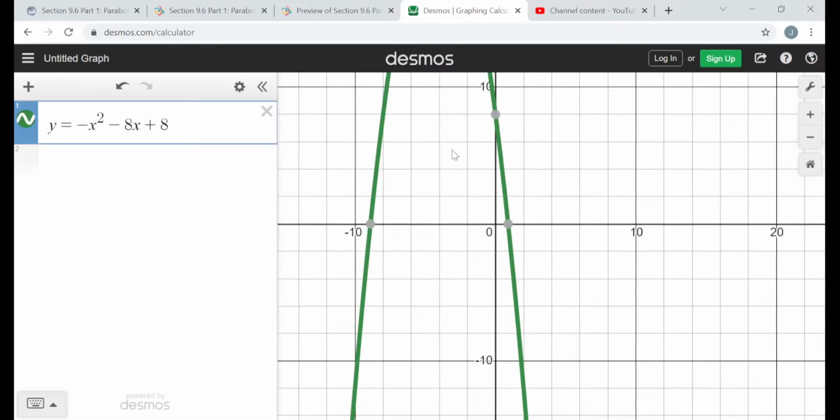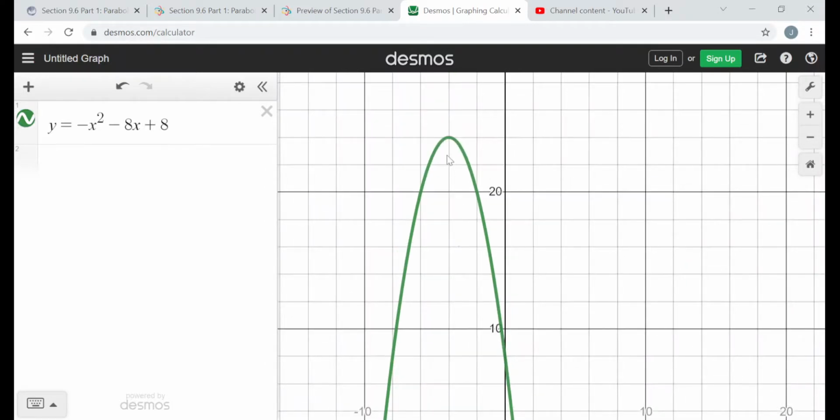And look, there's the parabola, and again the vertex way up here, the point negative 4, 24, like I said. And I said 0, 8 was the y-intercept. And over here, you should have negative 8, 8, using the symmetry. That's the other point I found when I wanted to graph the thing.